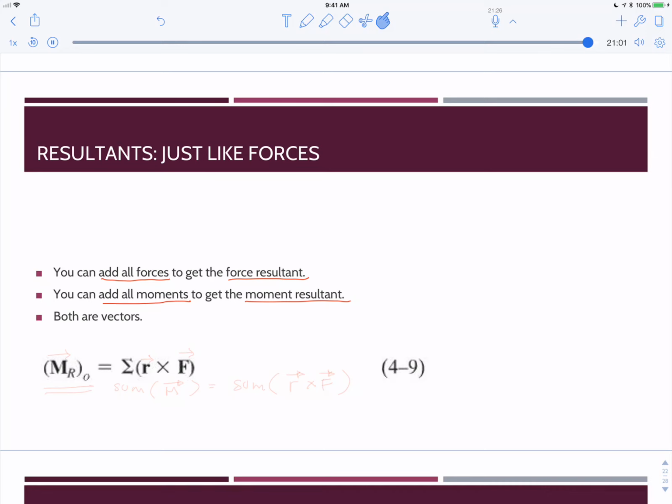In math, the resultant moment is just the sum of all the moments, which is just the sum of all the R cross F's. And in the book, bold means moment. They don't actually draw the arrows there. That's the last concept. What we really need to do is practice. We'll do a bunch of examples.